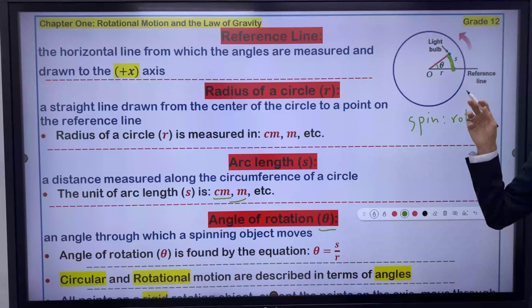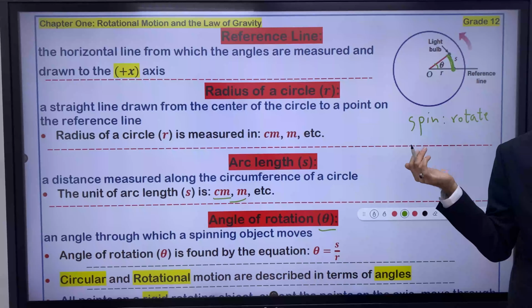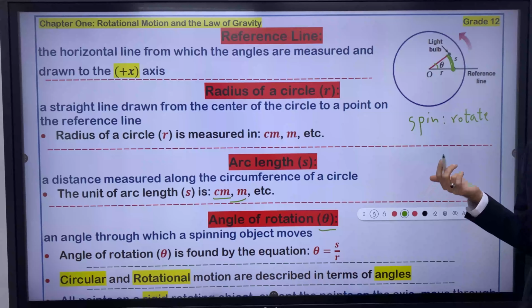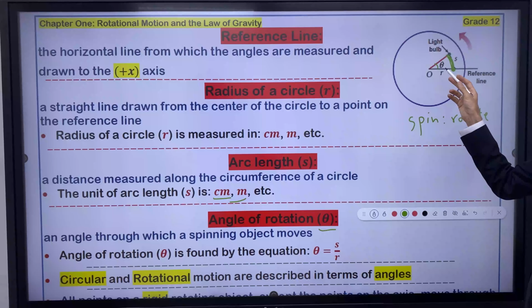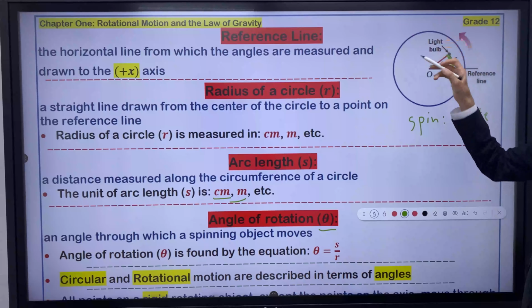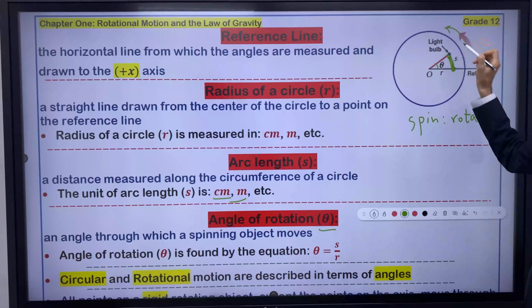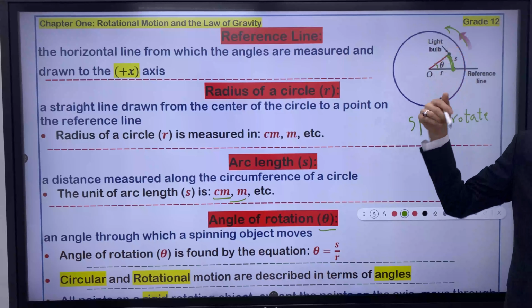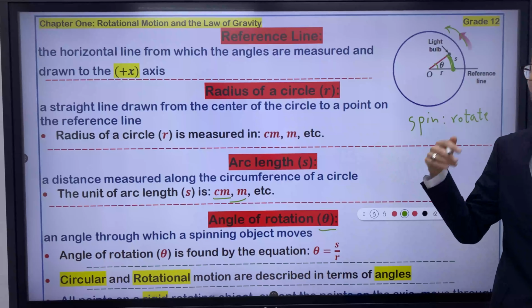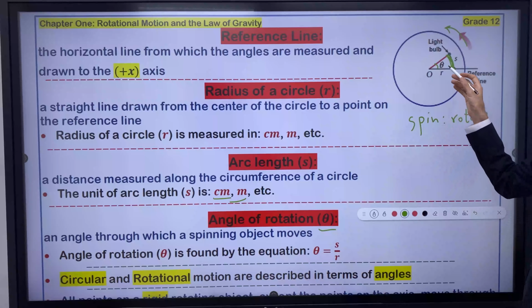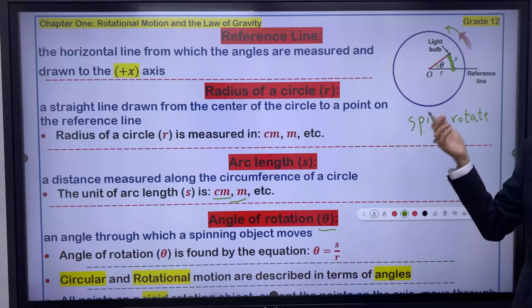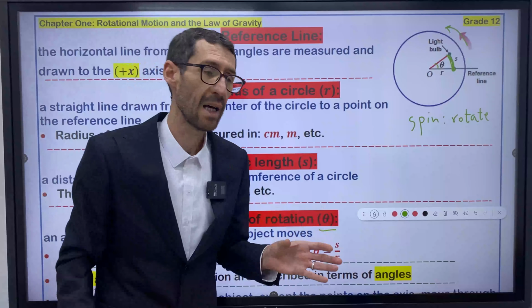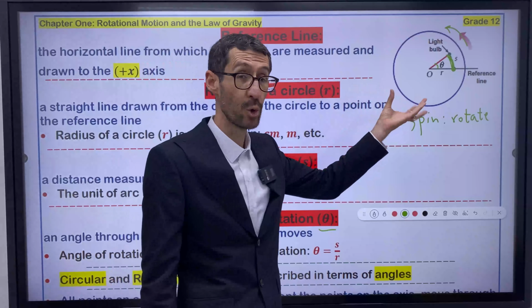What does it mean? Theta and S move together. Angle of rotation and arc length move together. If this angle moves counterclockwise, arc length moves counterclockwise as well, and vice versa. If the angle moves clockwise, arc length moves clockwise also. So they are dependent on one another.